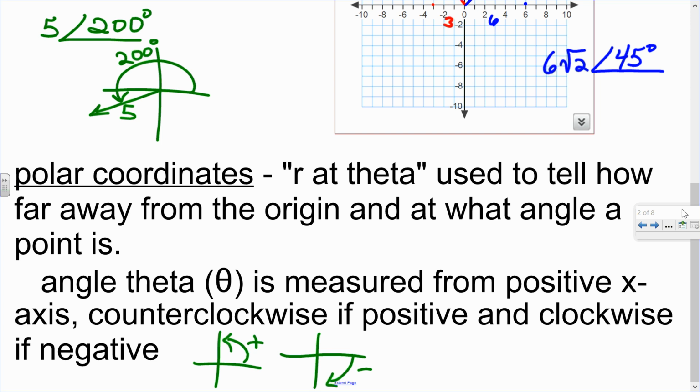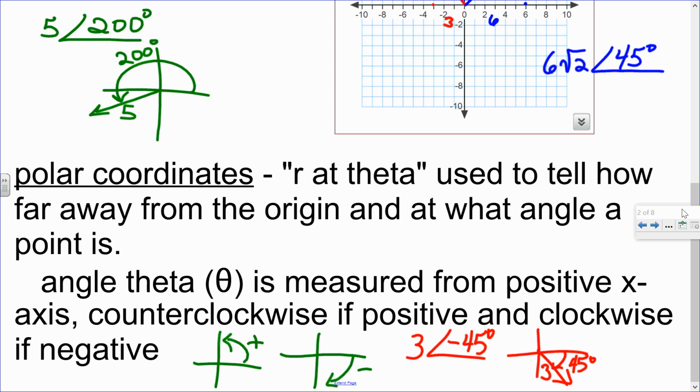So I could have 3 at negative 45 degrees, which means I go this way to 45 degrees and have a vector that's 3 units long. Negative on the angle just says which direction we go.